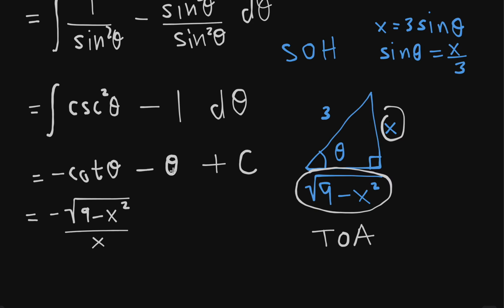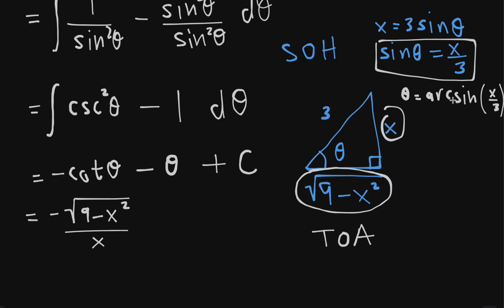And now to replace the theta, we just use the inverse sine function here. If we apply inverse sine to both sides, we will get theta is equal to arc sine, which is the same as inverse sine, of x over 3.